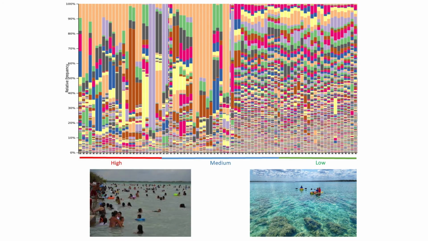In the case of Bacalar, what we know is that the main environmental variables that explain the differences in composition are related to tourist intensity and environment quality.